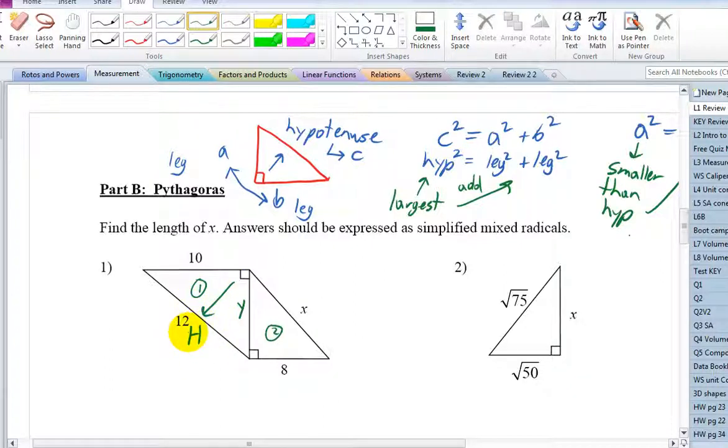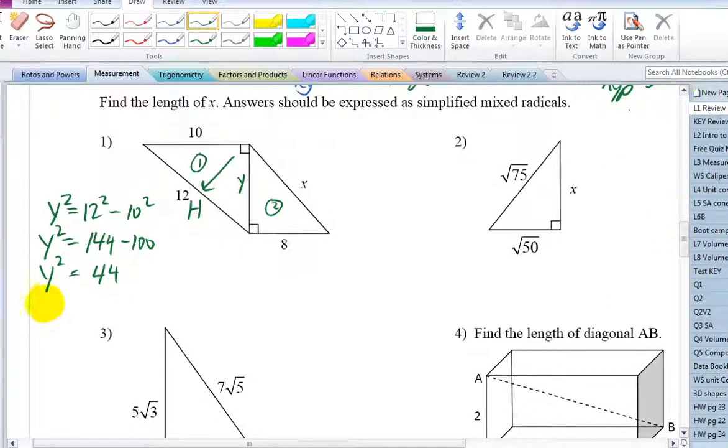We have a whole unit based on finding the hypotenuse. So we can say y squared equals hypotenuse squared minus 10 squared. 144 minus 100. Y squared equals 44. Now using your skills, y then equals square root 44. Don't touch your calculator, because that's your final answer.